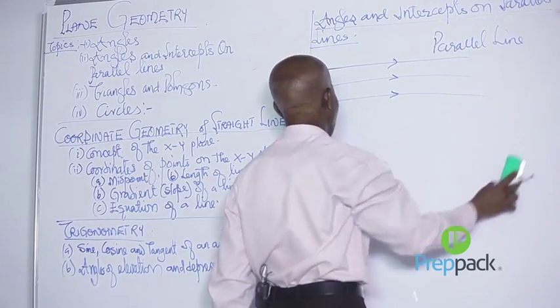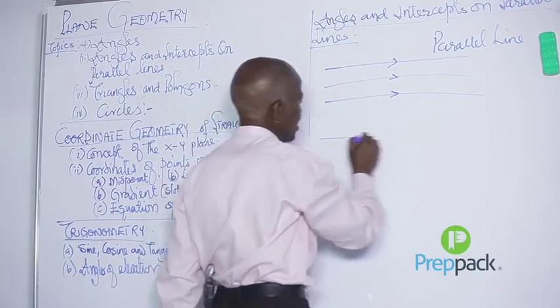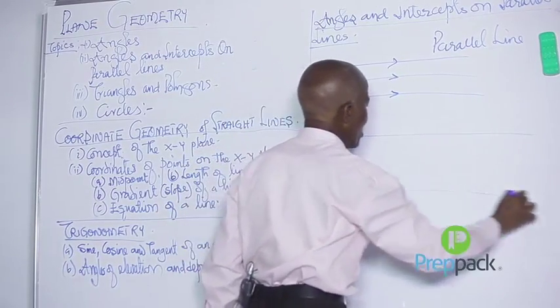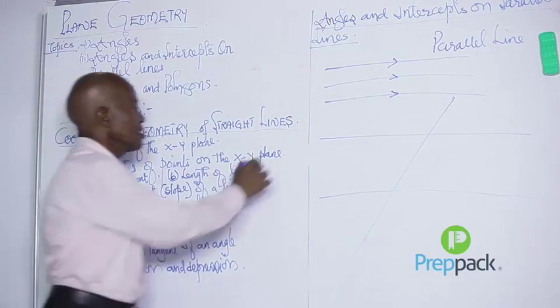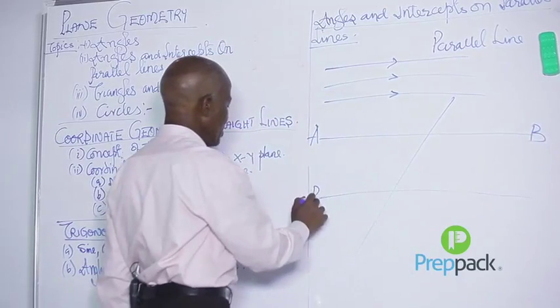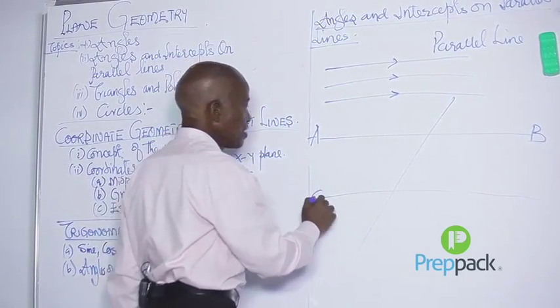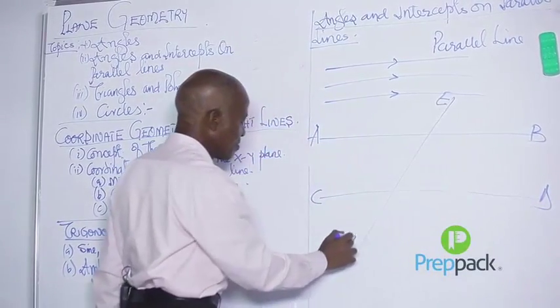Okay. Now, we can have parallel lines like this, and then we have the intercept. This line AB and CD, and then we have EF.